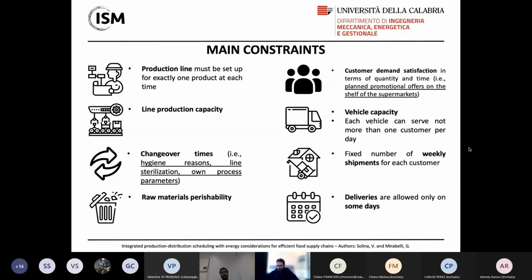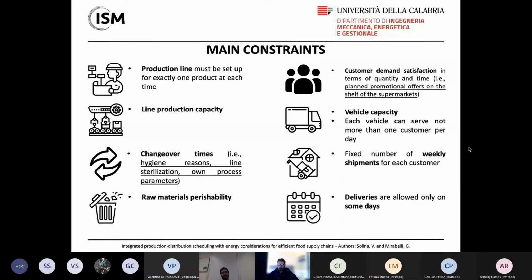Some constraints about raw materials perishability. We have to respect the customer demand, not only about the products to be shipped to each customer, but also in terms of time. Each vehicle has a capacity. Each vehicle, for reasons related to the distance, can serve not more than one customer per day. There is a fixed number of weekly shipments for each customer, and the shipments are allowed only on some days of the week.